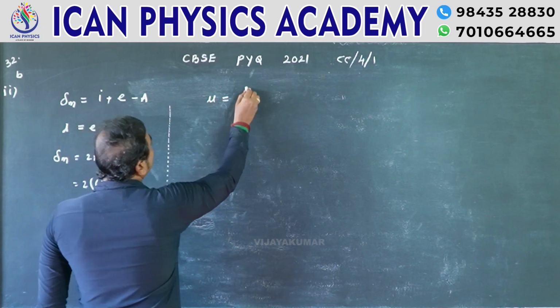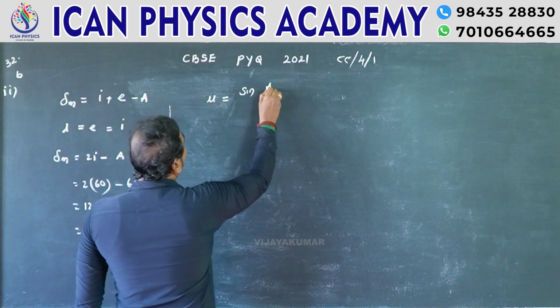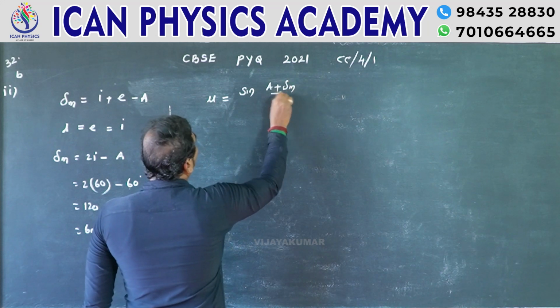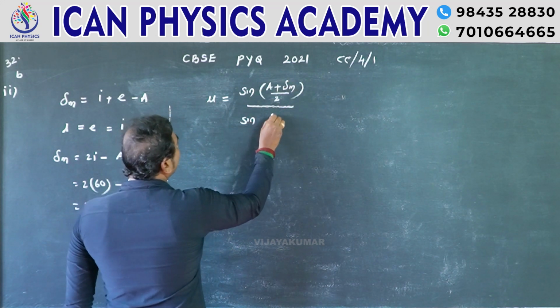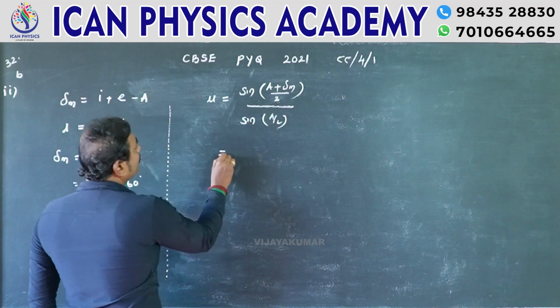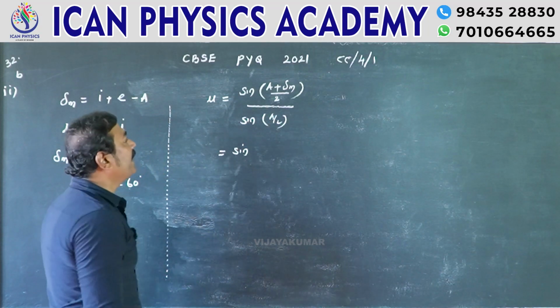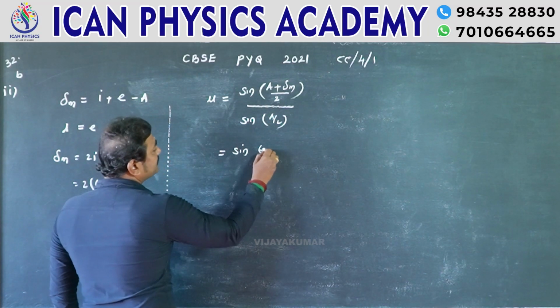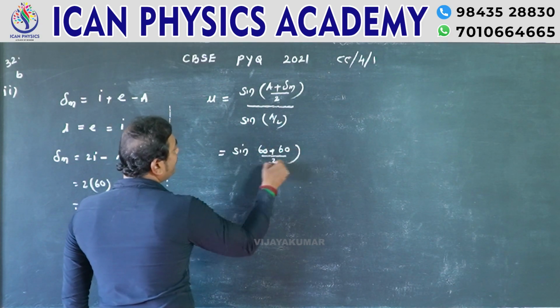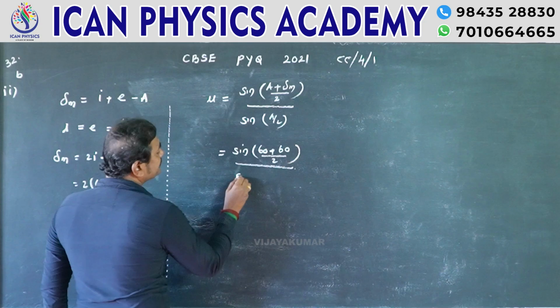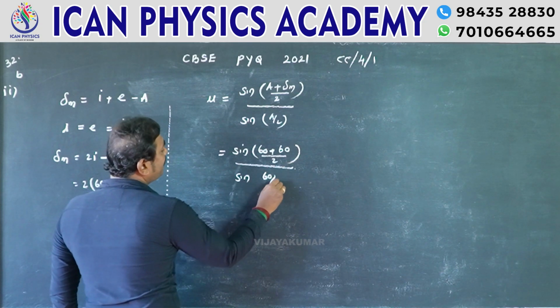Refractive index equal to sine of (A plus del m) divided by 2, divided by sine A by 2. Okay. So A, the angle of the prism, is 60, plus del m is 60, divided by 2, divided by sine 60 by 2.